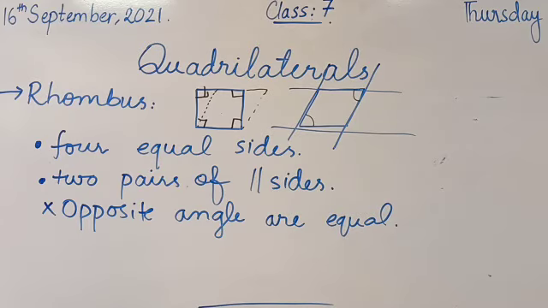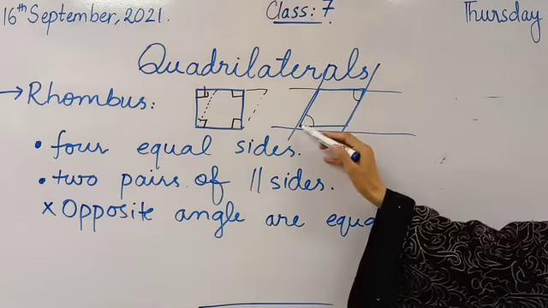Now see the diagonals. As we know, a square has two diagonals and they bisect each other. Now tell me the diagonals of a rhombus. Diagonals bisect each other.